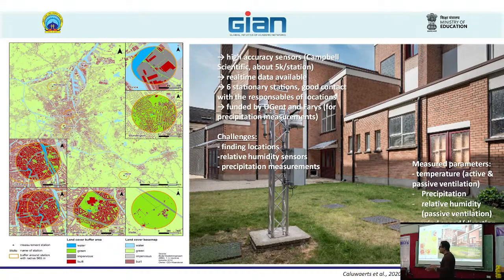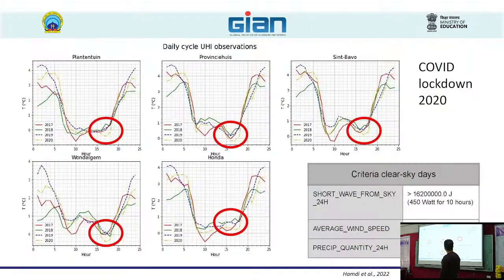You need to have good contact, because if these people don't agree to have your measurement on their site, it's a problem. Sometimes we sign a contract with the person for 5 years. So it is a lot of challenge to put in measurements. We finally succeeded in putting stations in 6 locations. And one thing that we do here is, with this location, I will show you again.